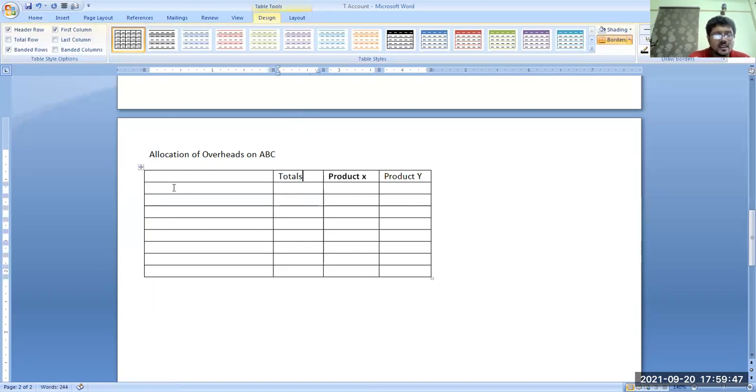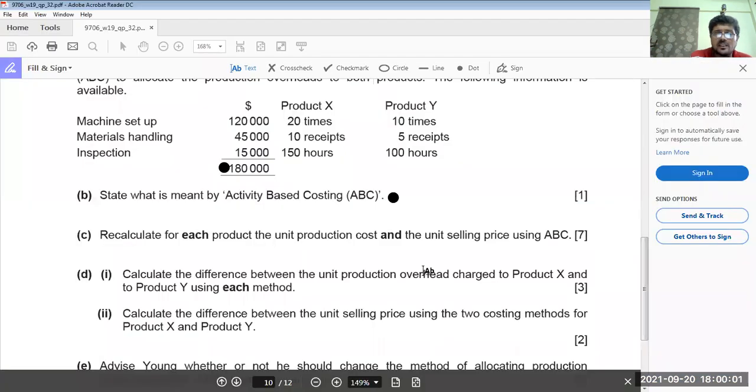Okay. Now see. Again, we are going to the question. The overhead we estimated was 100, but according to the activity, it is machine setup, machine handling, and inspection, and we have to divide them accordingly, 20 times and 10 times and like this.